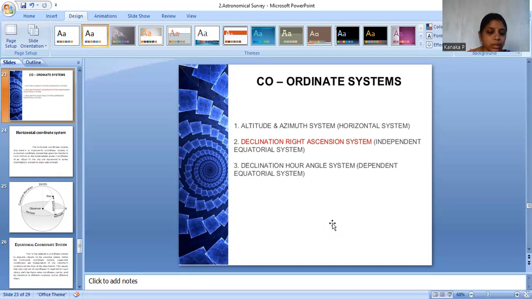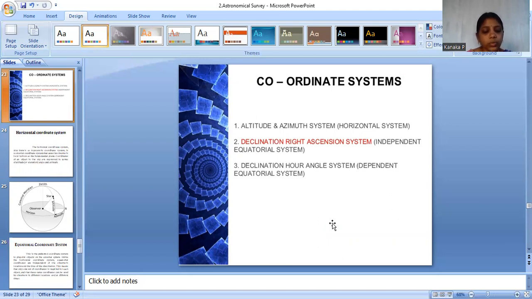So the main terms: latitude is the angular distance measured from the equatorial plane towards the nearer pole along the meridian of the place. The latitude of a point upon the equator is zero.